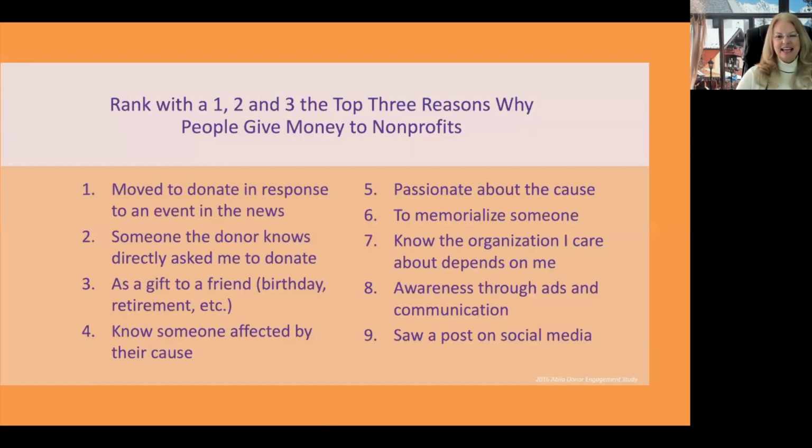Okay, I want you to rank 1, 2, and 3 the top reasons why you think people give money to nonprofits. Is it because they're moved to donate in response to an event in the news? Because someone the donor knows directly asked me to donate?